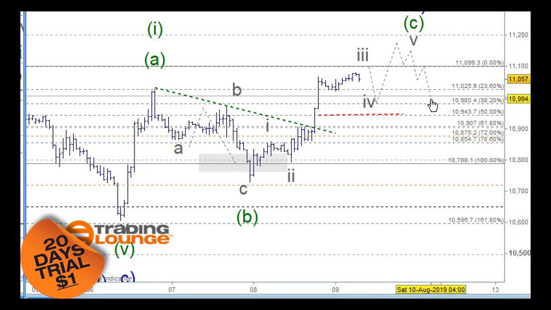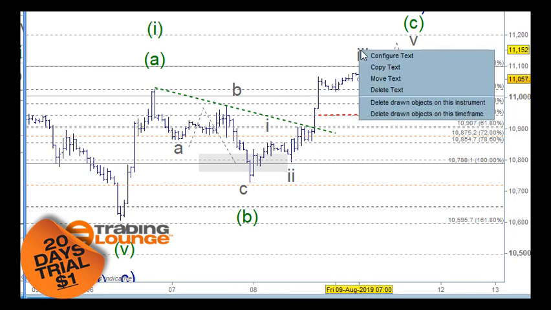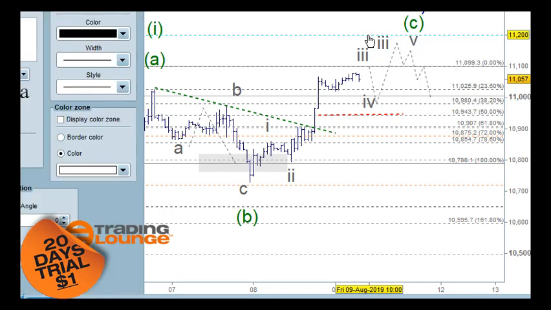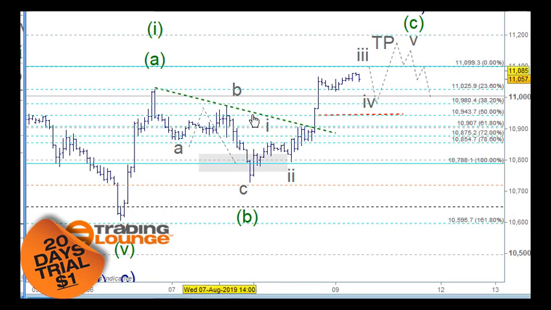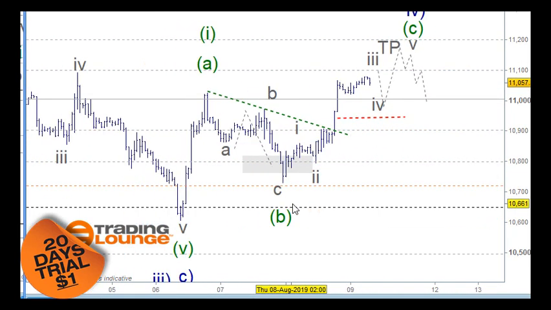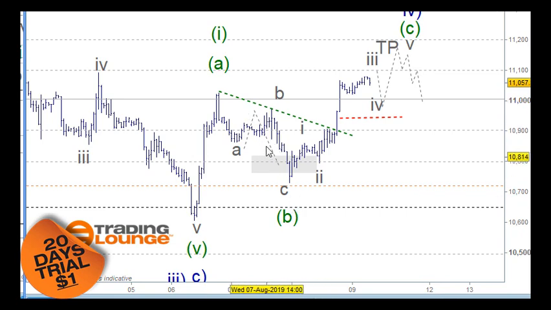It'll be like that. Take profit there on that, and we'll leave the stop out the way, and then we can clean this up.